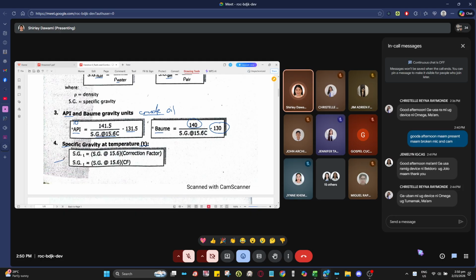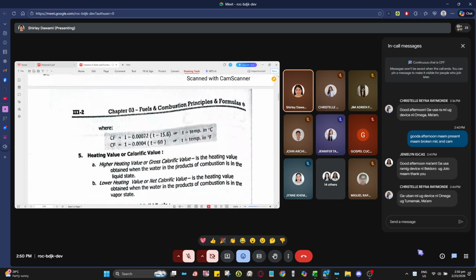Then kani nga formula ang ato ang gamiton, no, where SG at 15.6 is the unknown. Okay, so the specific gravity at temperature T, or certain temperature, is equal to SG at 15.6 divided by the correction factor.